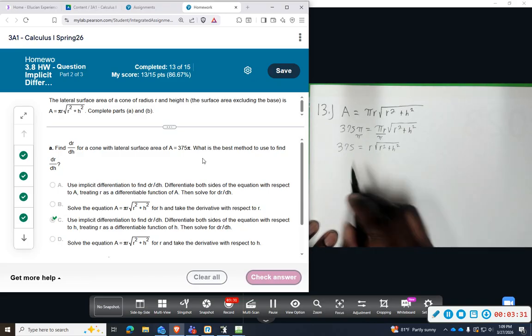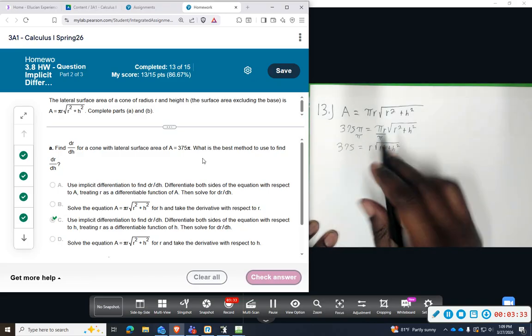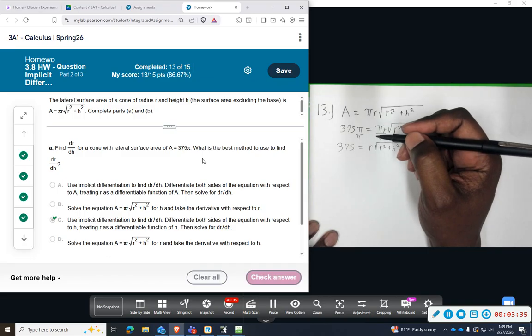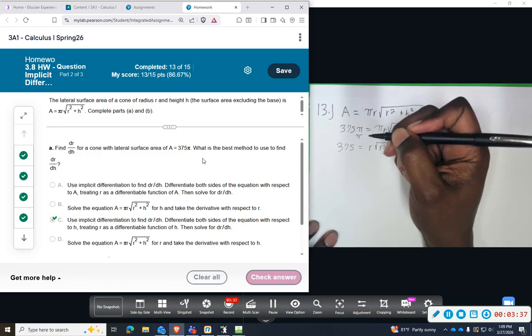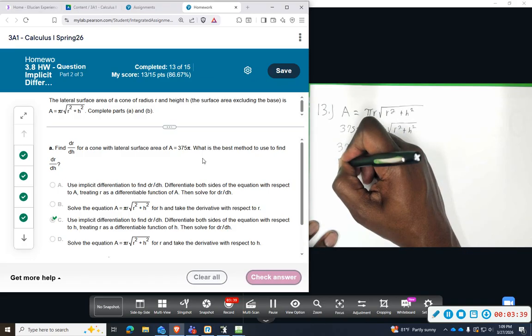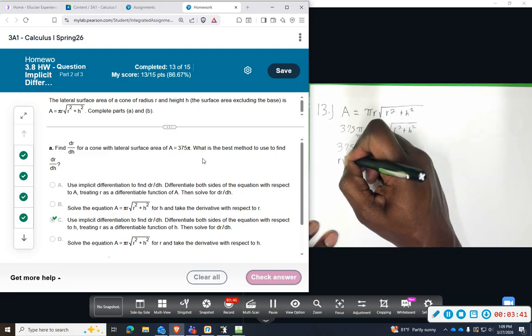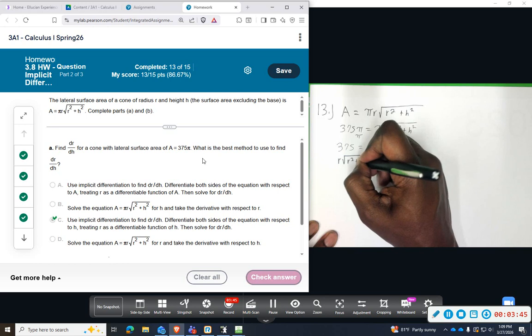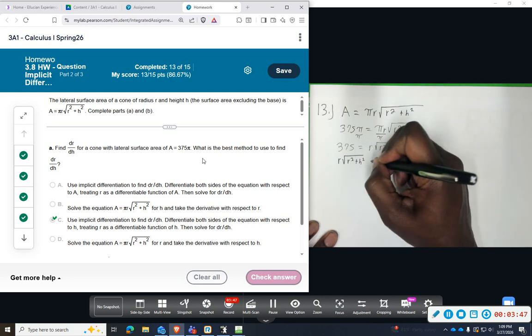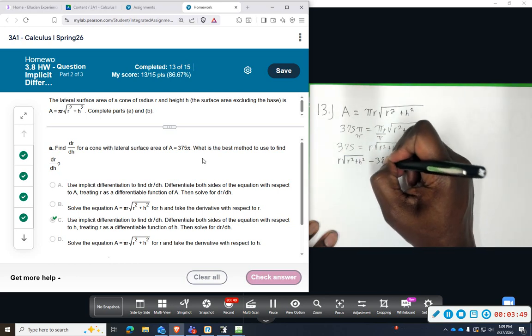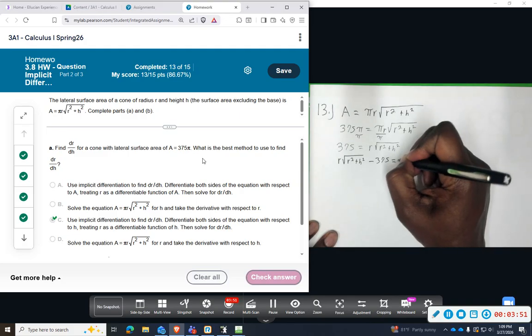And then one more thing, we're going to move this 375 over and set this equal to 0. So I'm going to say r times the square root of r squared plus h squared minus 375 equals 0.